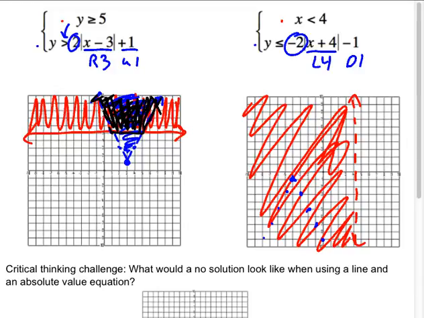Then, of course, do the same in the opposite direction. That is how you get your V. Interpret your line. So here, I am going to get a solid line. And then I want less than. So less than is going to be within my absolute value. And in this case, my double shaded region is right in there.